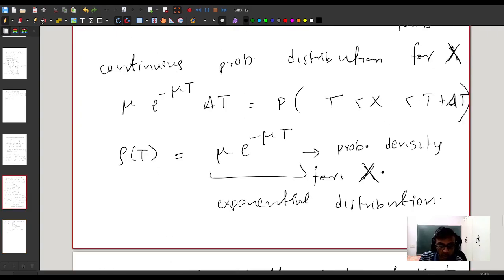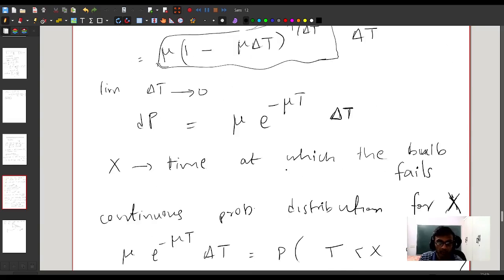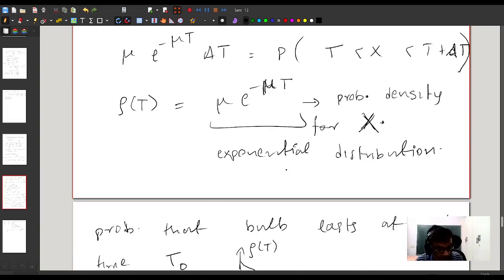And this probability distribution function that we found for the time at which the bulb fails is called the exponential distribution, for obvious reasons. It has support for t positive, and for t less than 0 it is 0. So that is the definition of the exponential probability distribution.